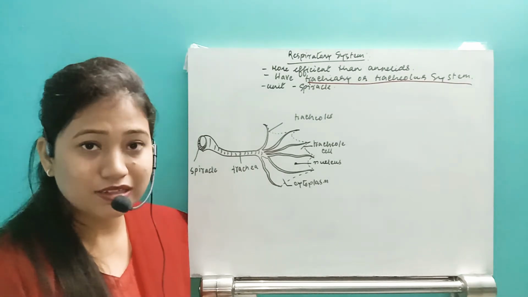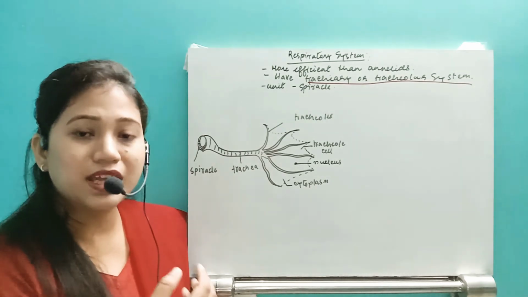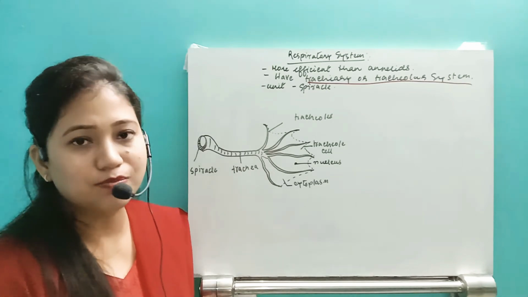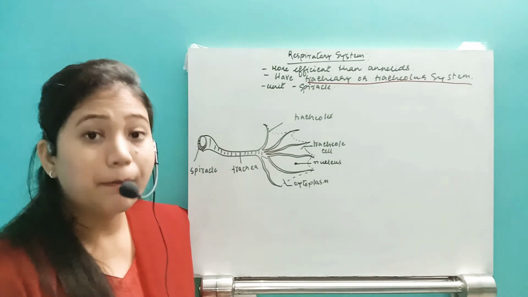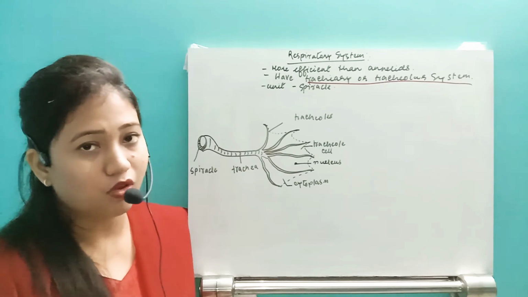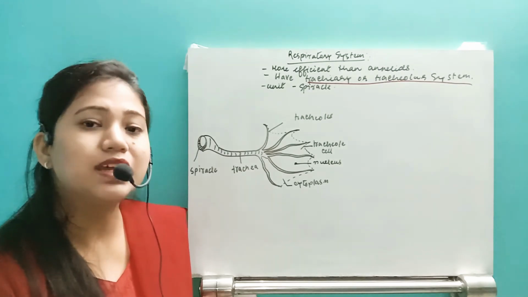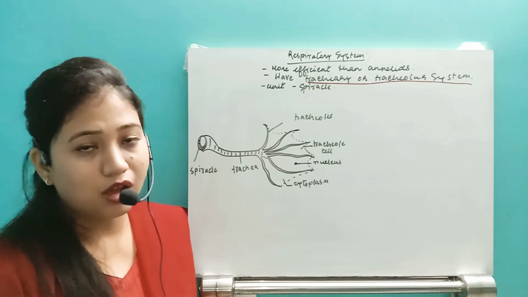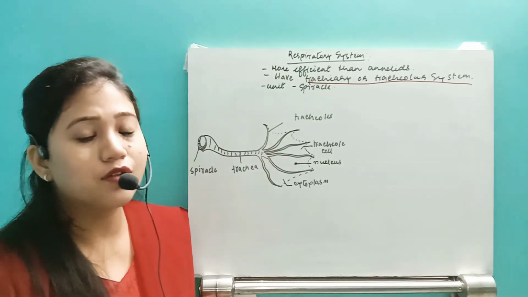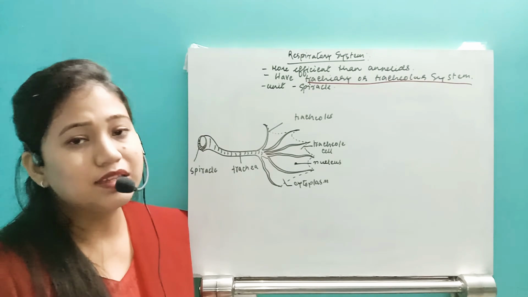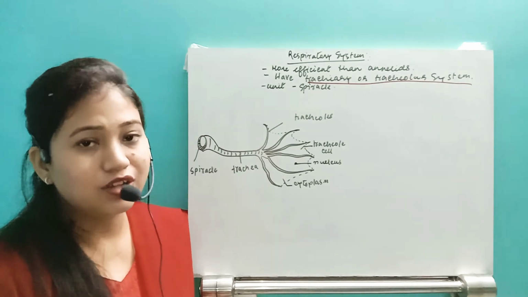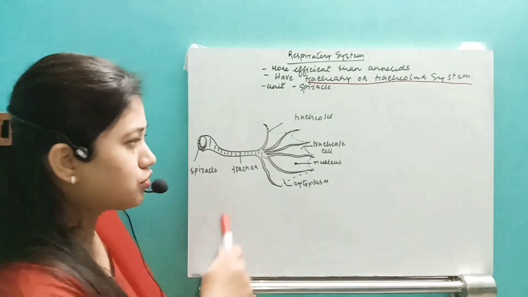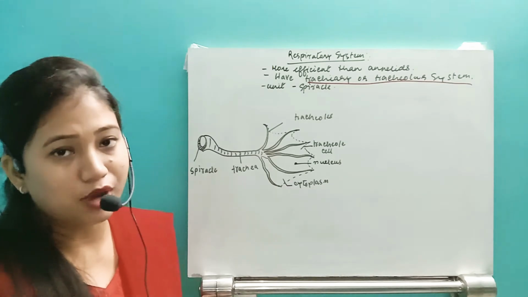Like in us, hemoglobin takes the oxygen from the lung and transports it to the different parts of the body, but it is not happening in the cockroach. In the cockroach, all the organs are directly in contact with the environment by lots of small air tunnels. They are called the trachea, tracheoles, and lots of small branches.